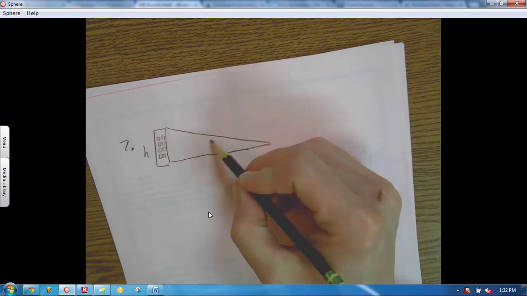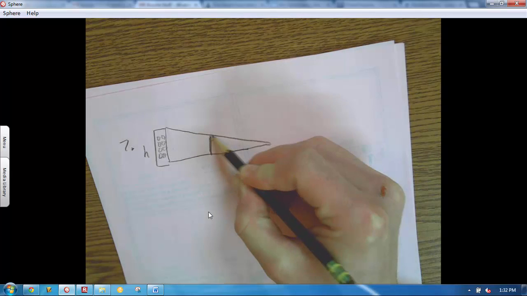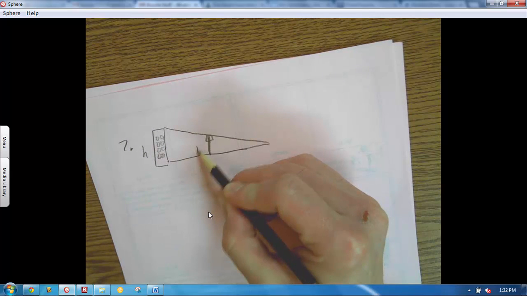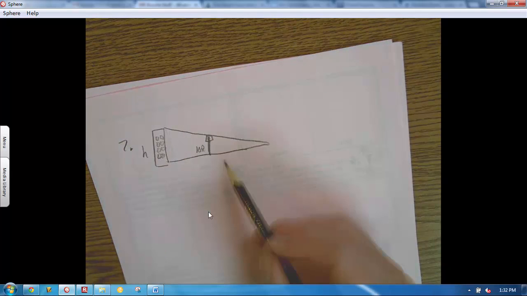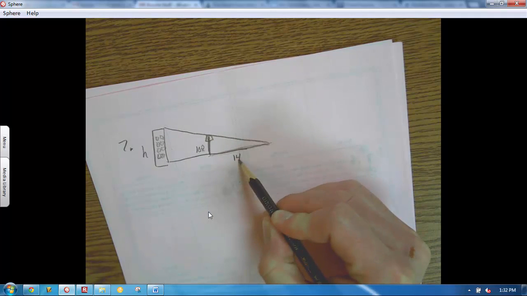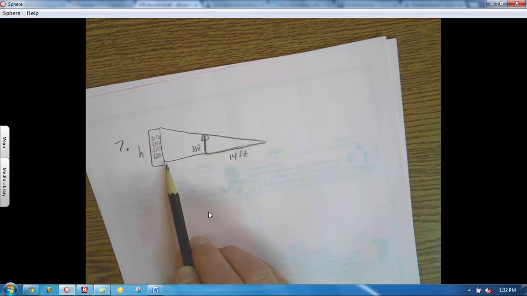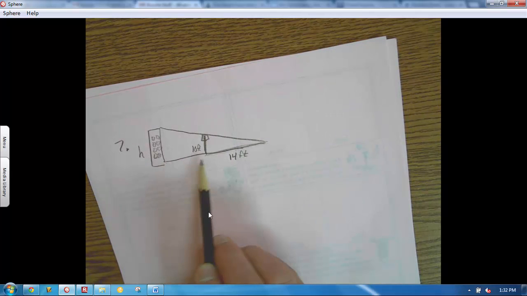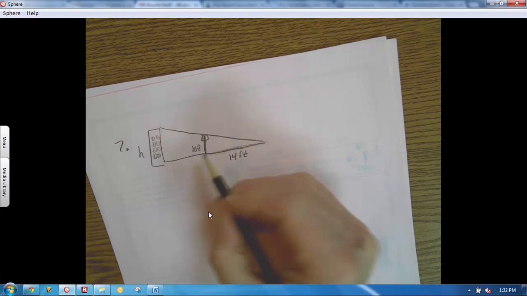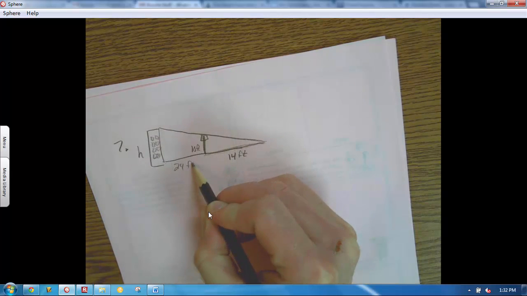Underneath that, or next to it I guess, is a street sign right here, and that street sign is 10 feet tall. The shadow created by the street sign right here is 14 feet, and then the distance from the building to the street sign is 24 feet.